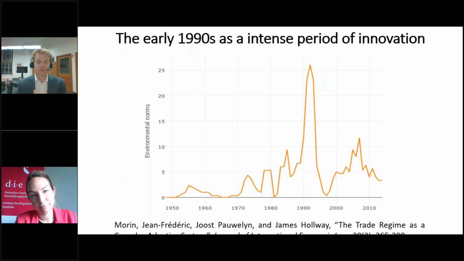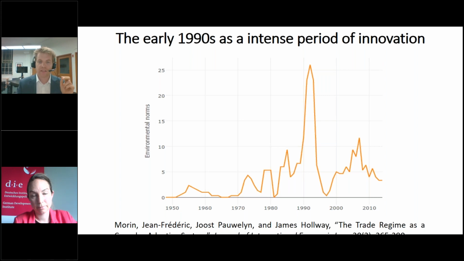So several environmental provisions that we commonly find in several trade agreements were first introduced in the 1990s, and especially in NAFTA and its side agreement on the environment. Those were groundbreaking agreements, and they introduced several of the environmental provisions that have been replicated widely elsewhere.